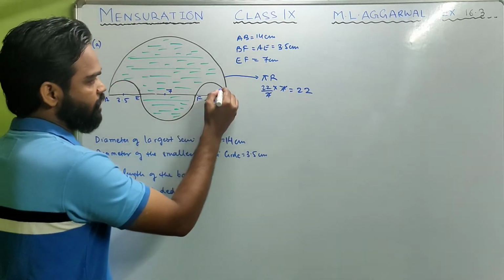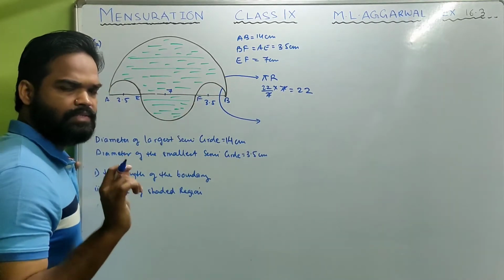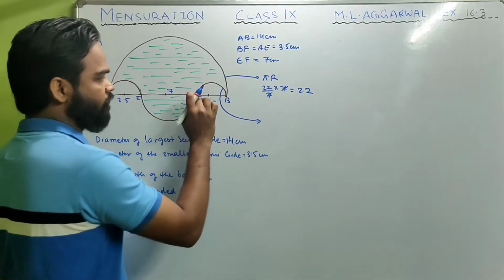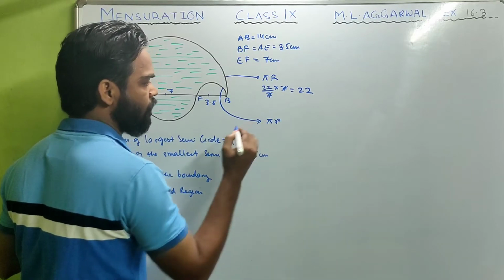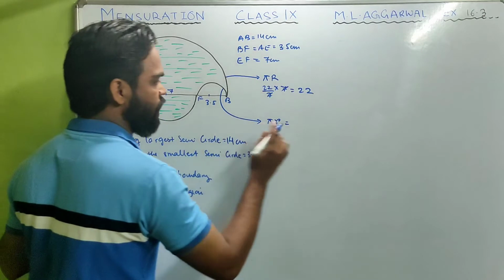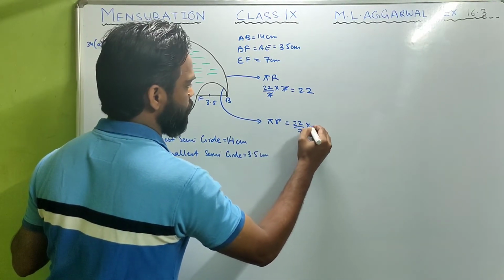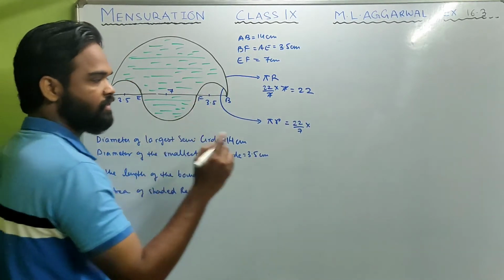Now look carefully. If you talk about this part, the smallest semicircle, okay, there the circumference of this region will be pi small r, suppose, and small r is 3.5 by 2 because 3.5 is the diameter.